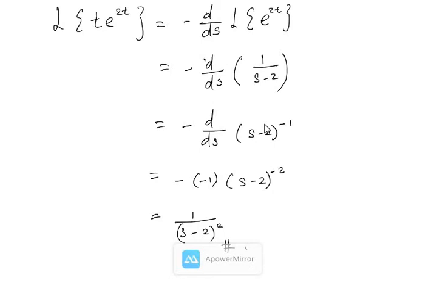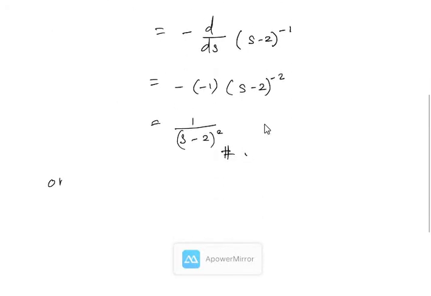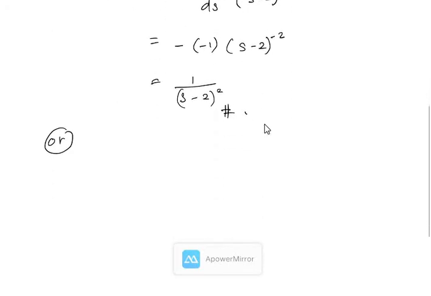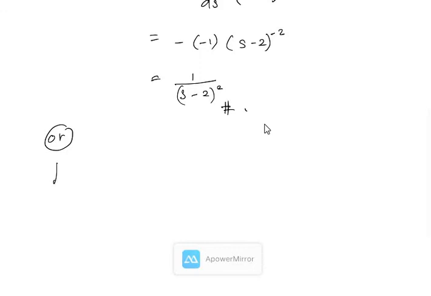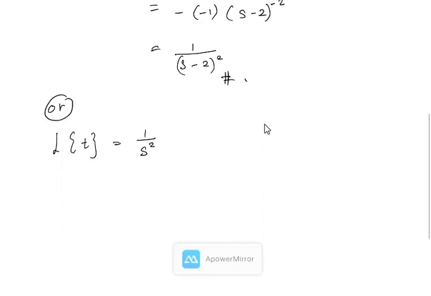This is using the derivative of transform property. Otherwise, I can use the other method, that is using the table of Laplace transform, in which the Laplace transform of t is equal to 1 over s squared. So for the Laplace transform of t e^t, it means that I substitute the s with s minus 2.